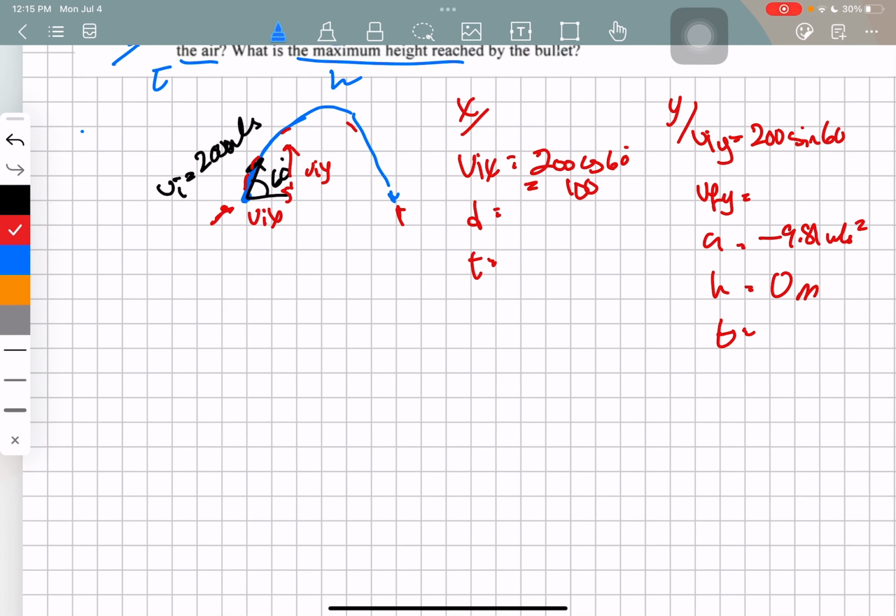It's pretty simple. We just use this equation, h equals VIT plus one half AT squared.